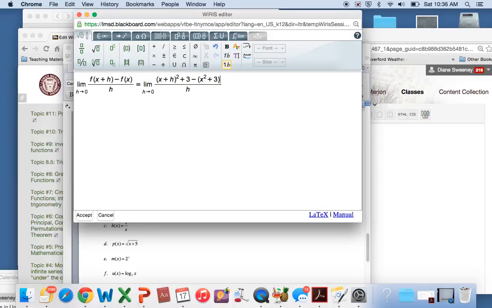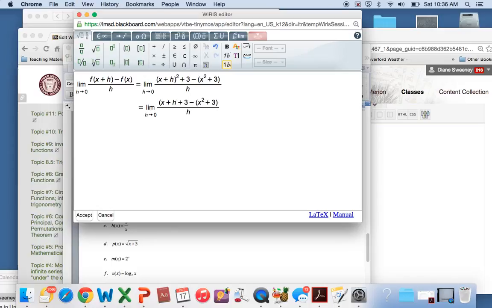Okay, and now I'm going to copy this again and just reproduce this. So underneath, I'm going to return, and I want to put spaces because you want to line up your equal signs. So this is going to be equals, and cut that down again. But I'm going to rewrite this.